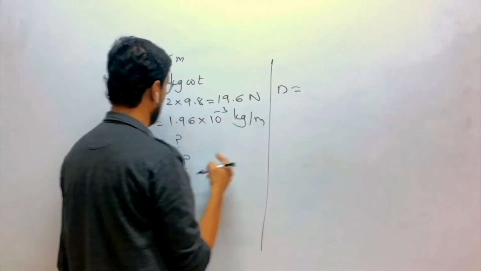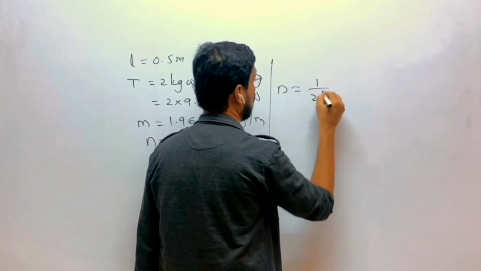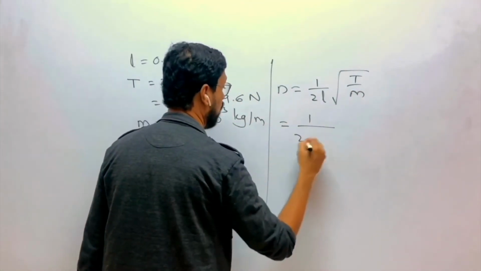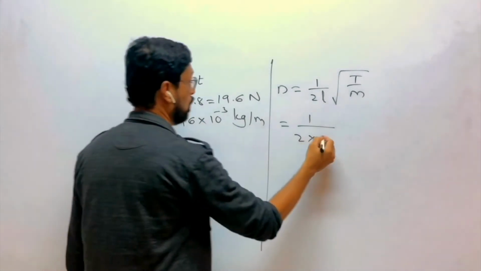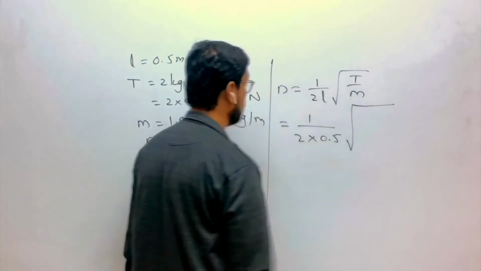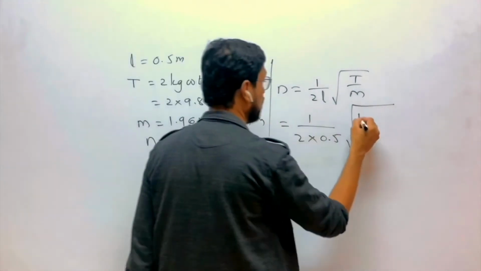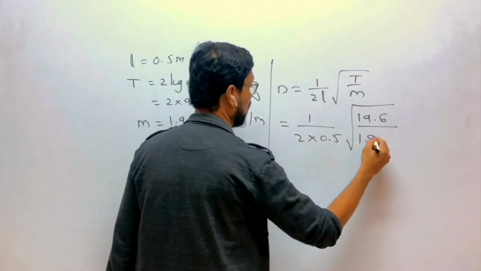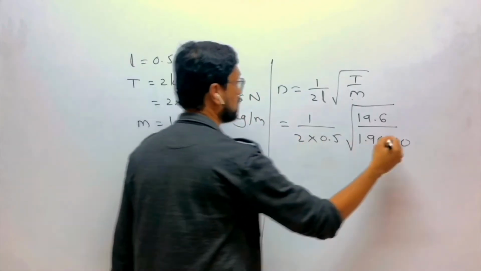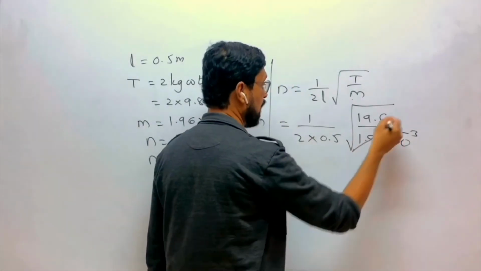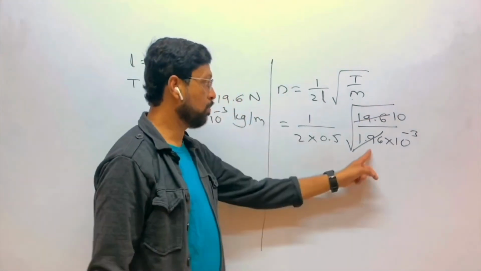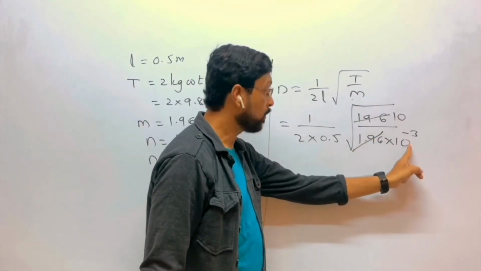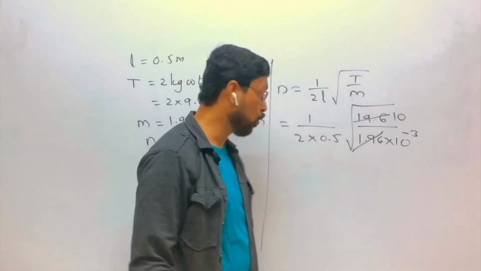N is equal to fundamental frequency, 1 upon 2L under root T by m, that is equal to 1 upon 2 into L is 0.5 meter under root tension is 19.6 upon mass per unit length 1.96 into 10 raised to minus 3. So 19.6 upon 1.96 is 10, and 10 raised to 1 plus 3 is 10 raised to 4.